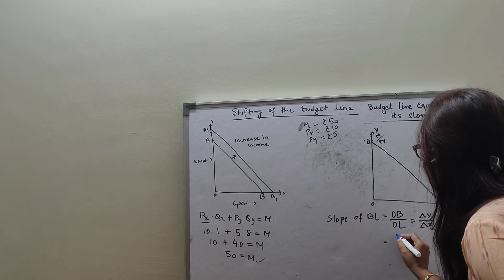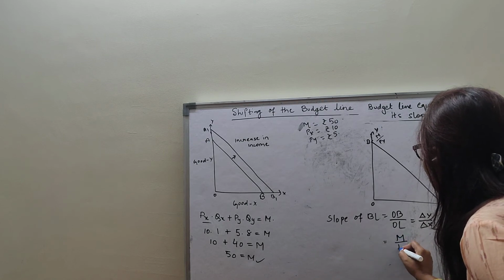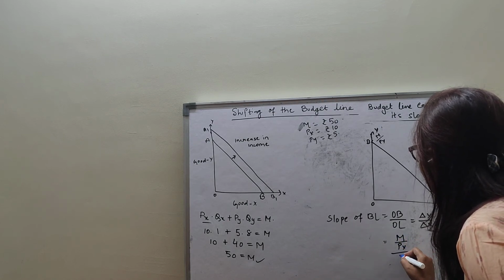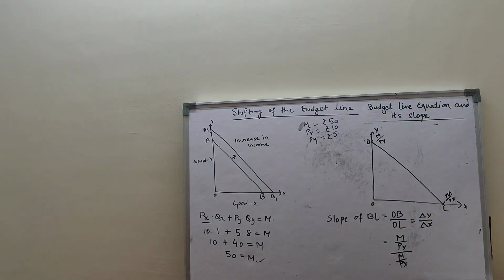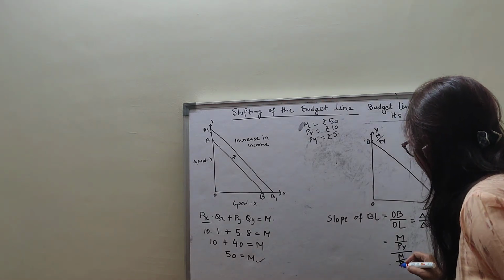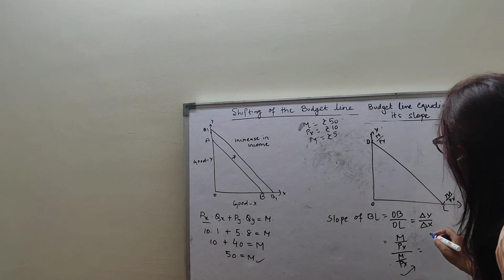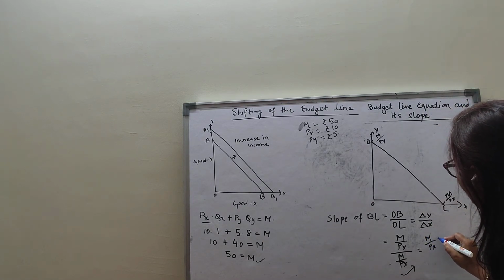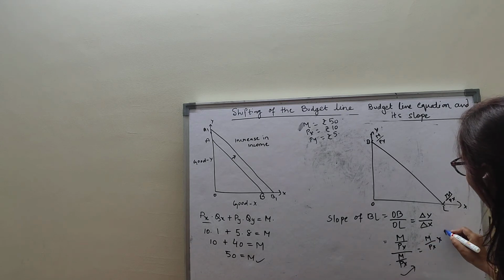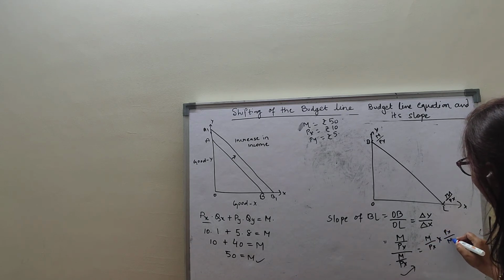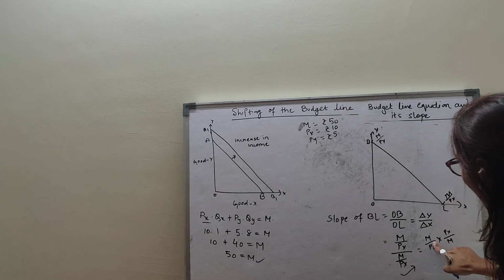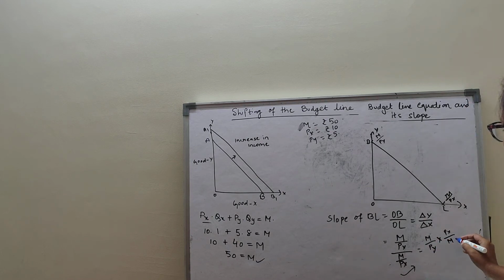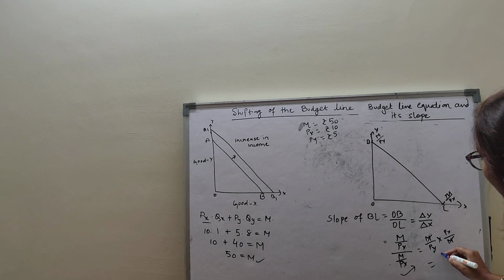So what I can write here is, slope of BL is income divided by Py, divided by income divided by Px, just reverse it. So M will be cut, Px by Py.